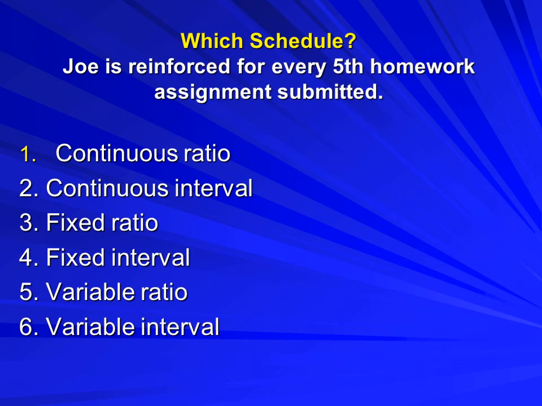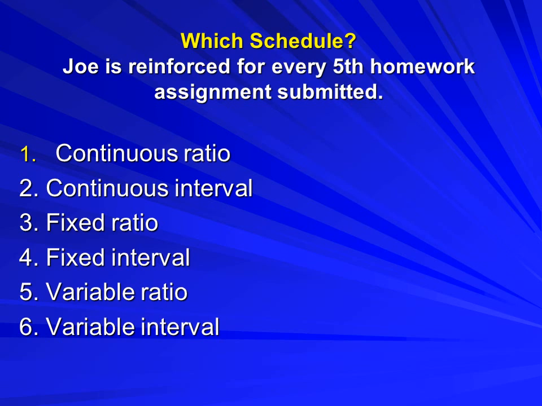Joe used to have quite a bit of difficulty getting his homework assignments in on time. In fact, we had difficulty getting him to submit them at all. And so initially we may have started off with every display of the behavior. Each submission received reinforcement. And once he was able to do that, we probably upped the ante, so to speak.